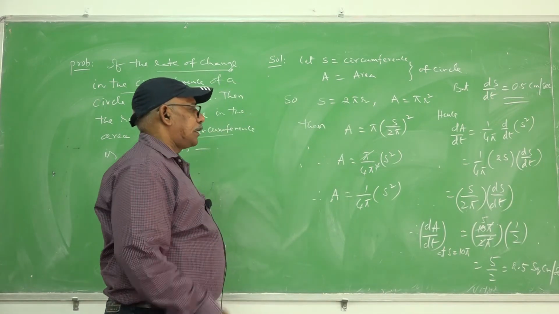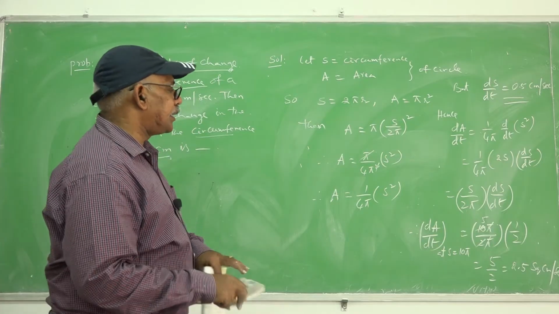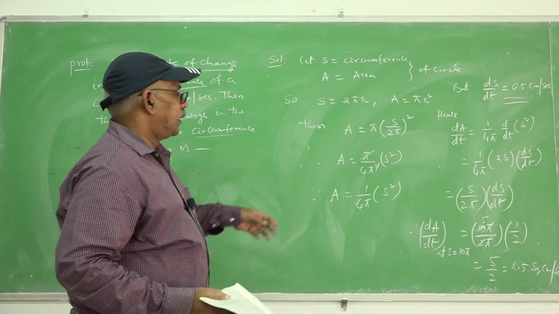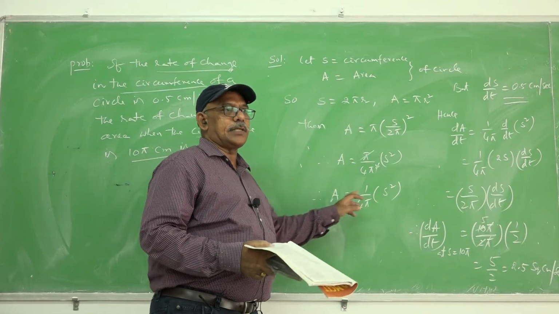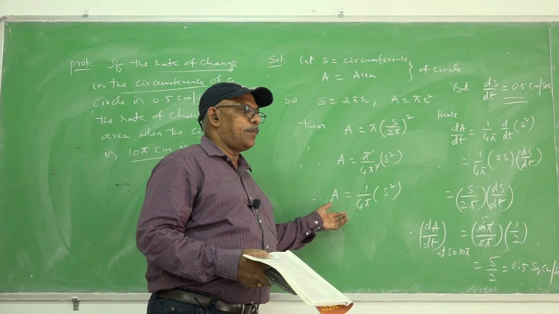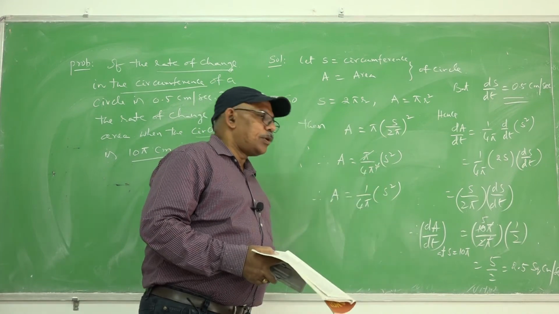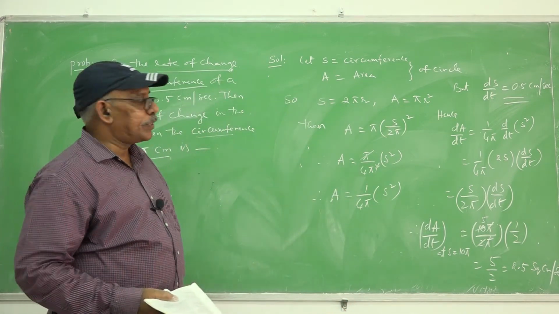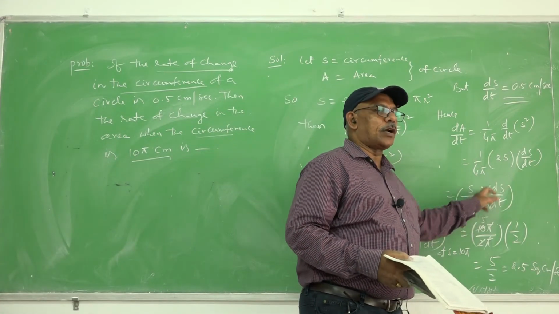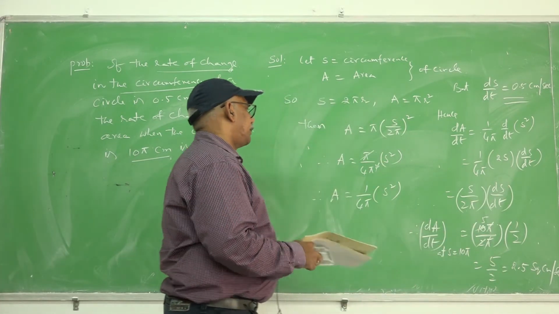So once the circumference changes, then automatically the area changes. The relation between circumference and area of the circle is A equal to 1 by 4 pi S square. Based on that, you can find the rate of change of area based on the rate of change of the circumference. That is the problem.